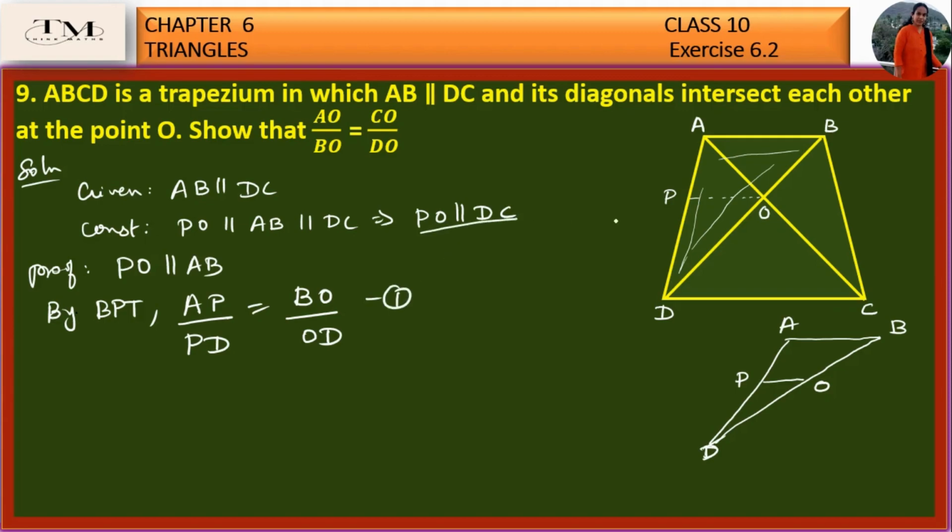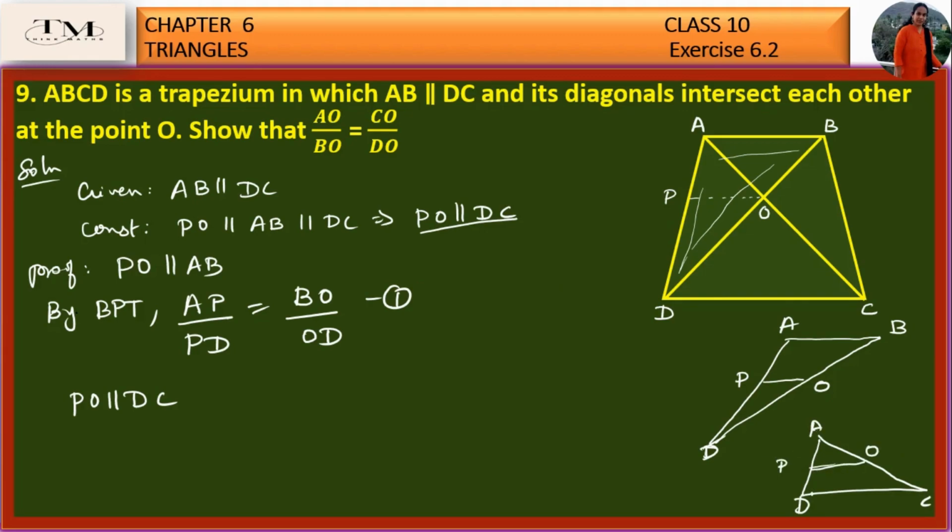Also we have PO parallel to DC. So let us consider this triangle ADC. We have PO parallel to DC.